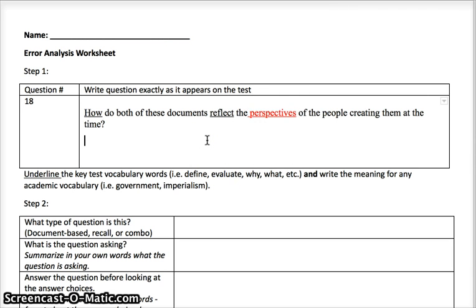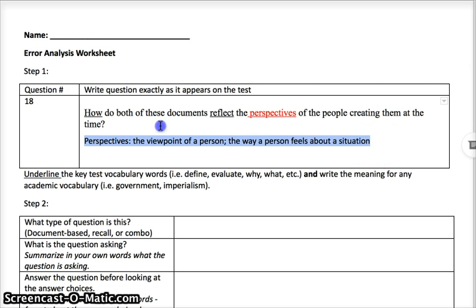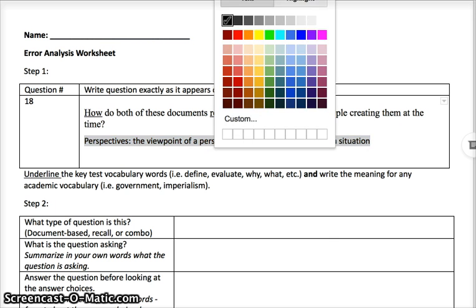So when we're talking about perspectives, we're talking about the way that people view a certain event or the viewpoint. So the viewpoint of a person or the way a person feels about a situation. That is what perspectives means.